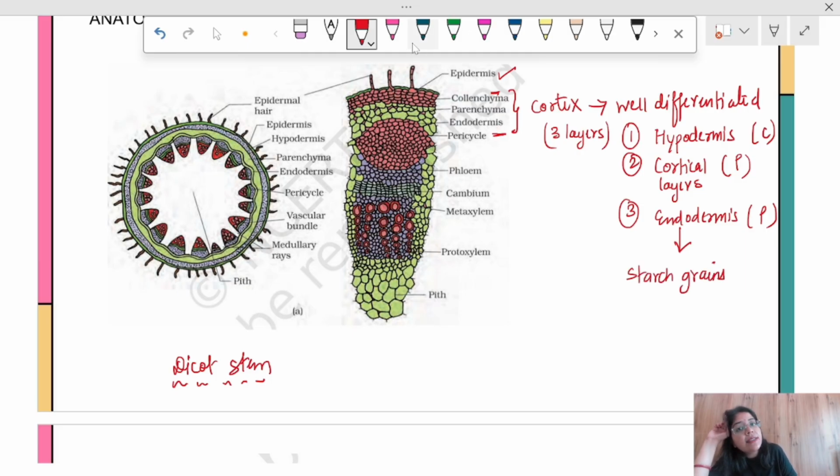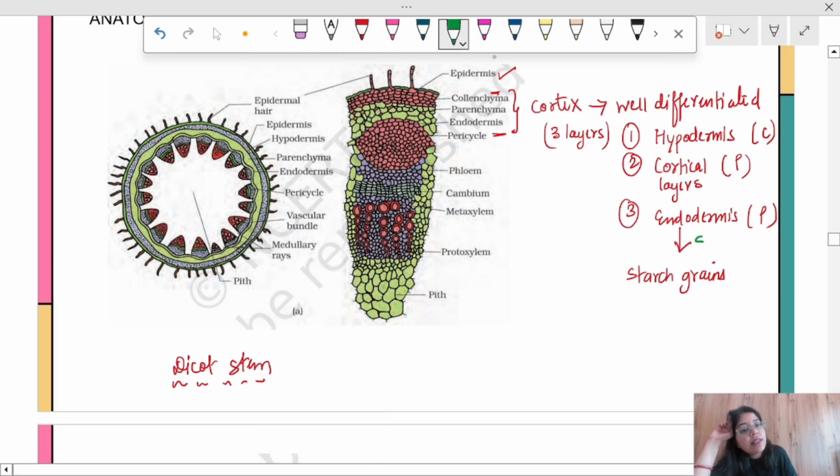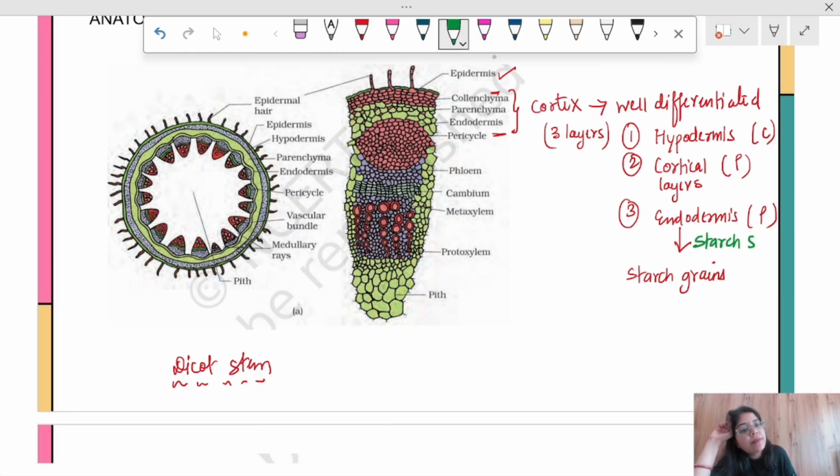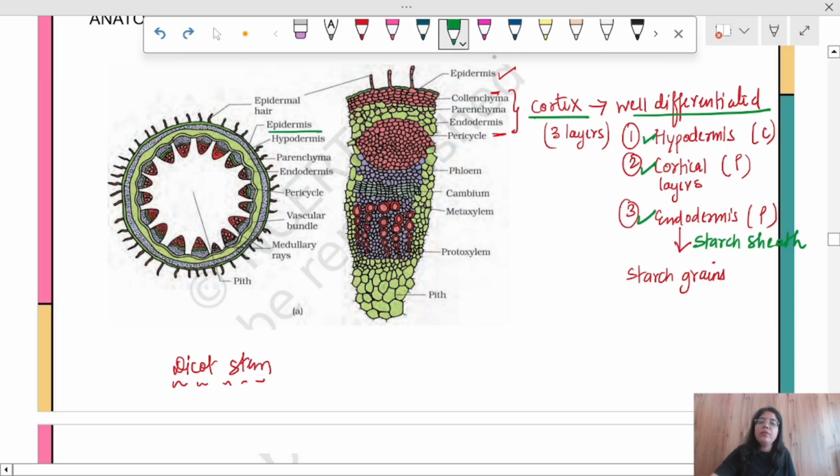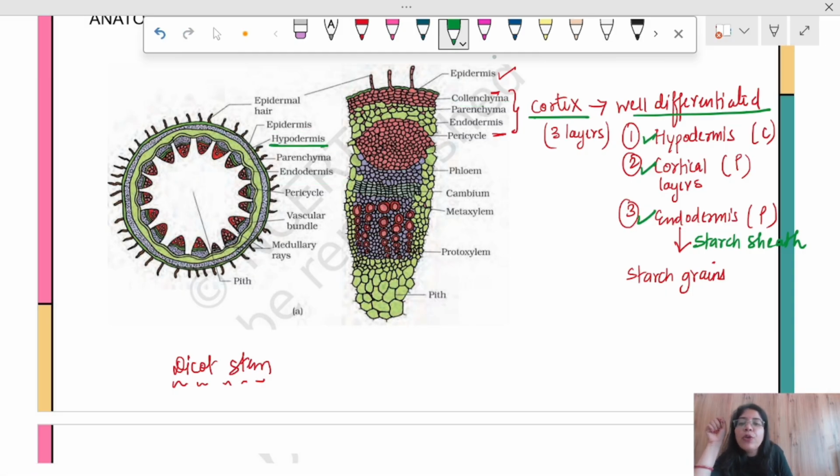As a result, this endodermis is also called starch sheath. So cortex here is well differentiated into hypodermis, cortical layer, and endodermis. You can see here hypodermis, endodermis, and this parenchymatous layer, which is the cortical layers.